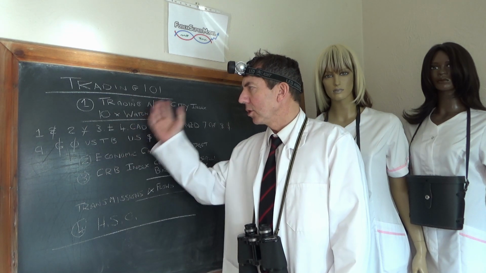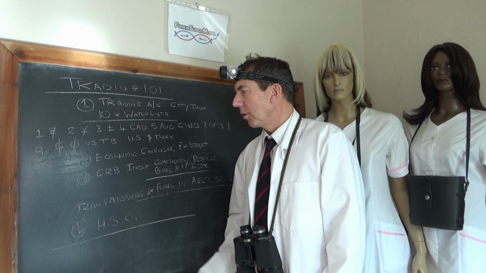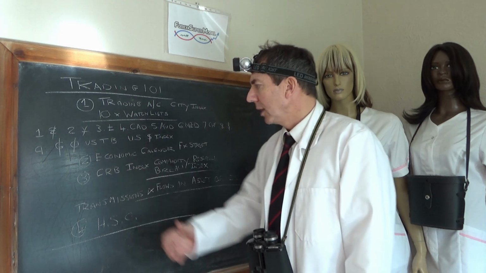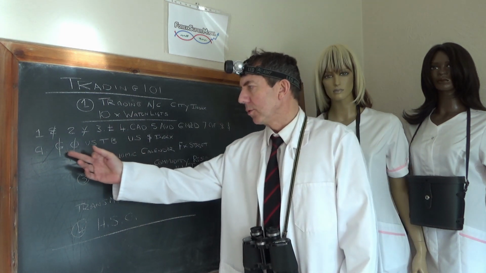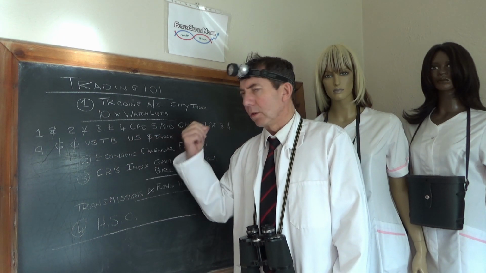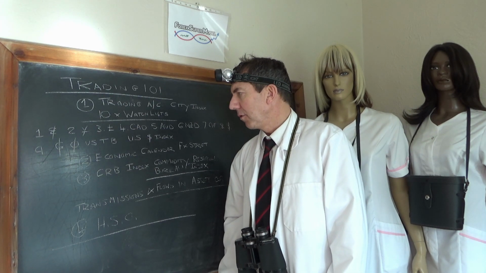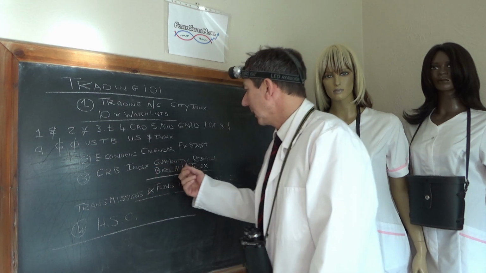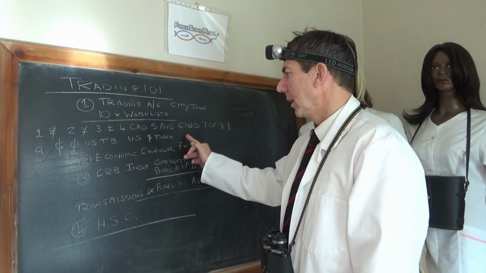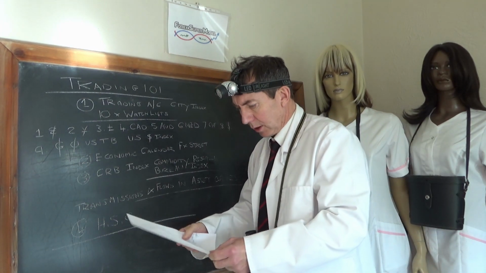So you've got your trading account, you've got your 8 watch lists sorted out, and watch list 9, it's useful to have gold, oil, US Treasuries, and the US dollar index. And the final one, watch list 10, let's have a look.